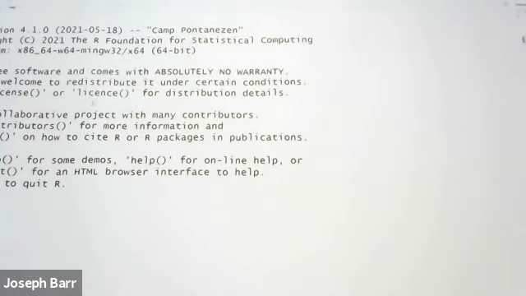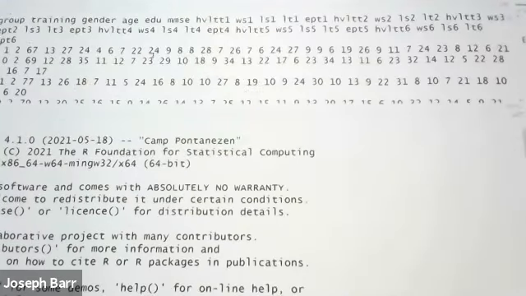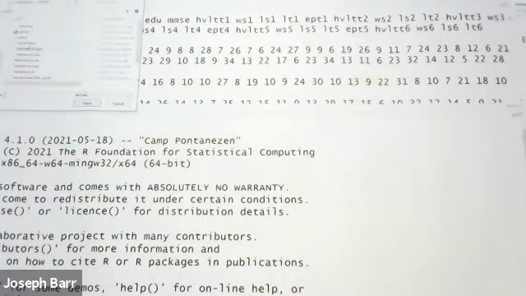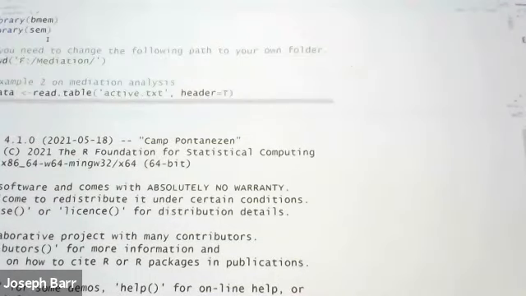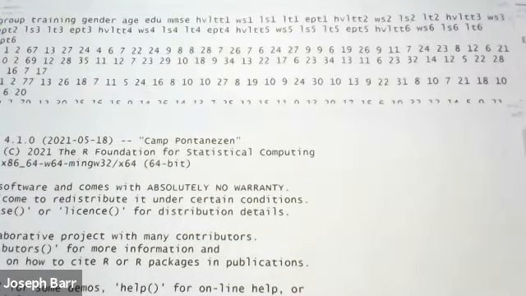The data file is called active. This is the data file. The R code is called mediation 2. Okay, mediation 2 is the code.